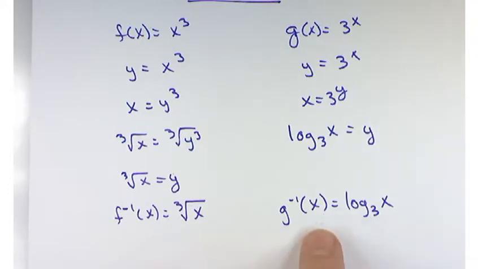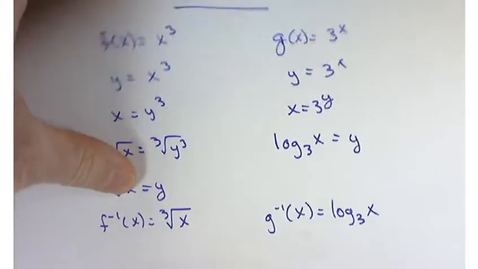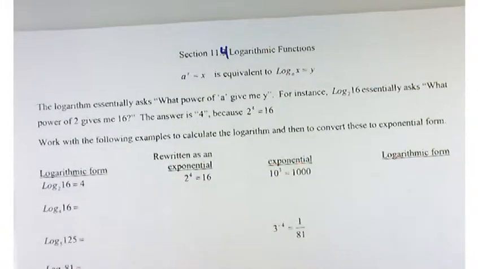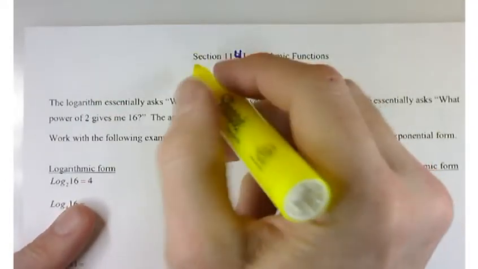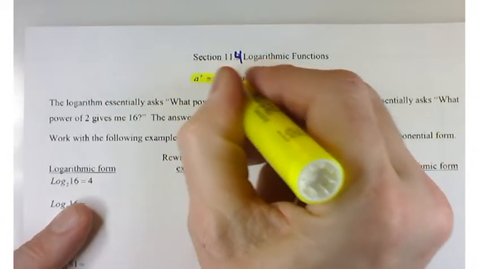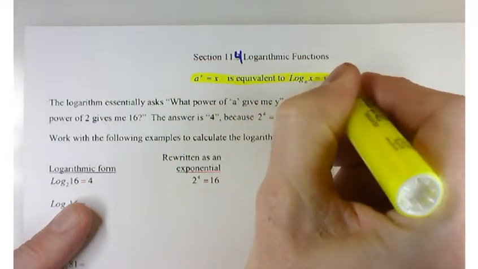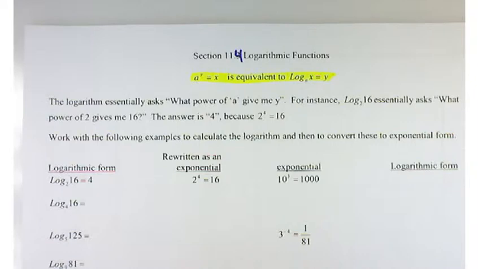Getting back to this, we need to understand what that really means. And to help out with that, we're going to go over a bunch of examples. So we'll take a look at our handout here. And I would suggest that you highlight this part right here. Because if you have this memorized, and you write it on the top of your test right when you first get it, before you can forget anything, then it's going to save you.